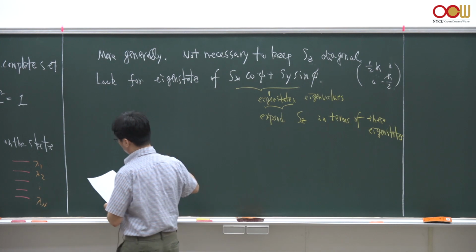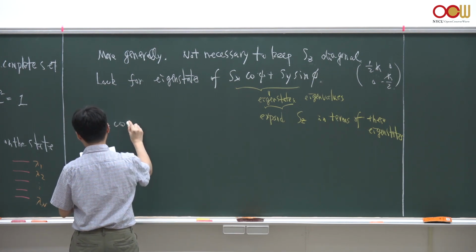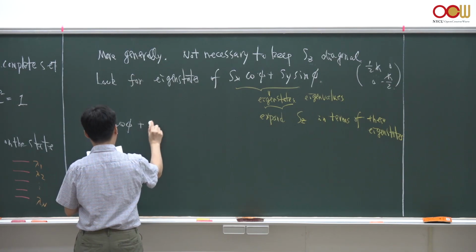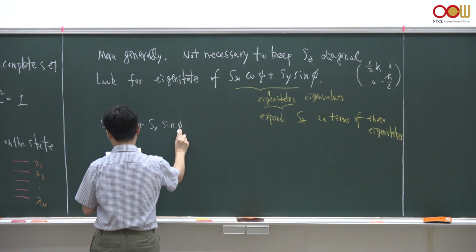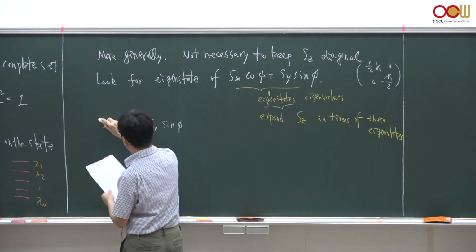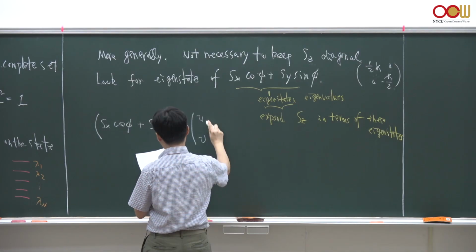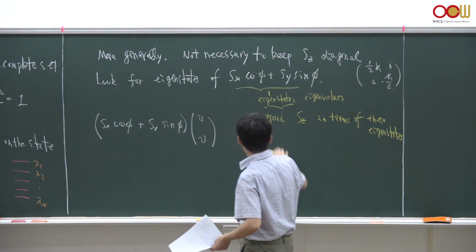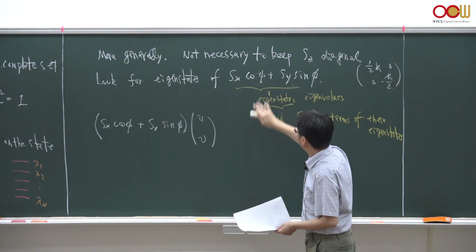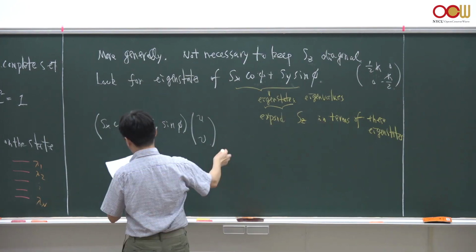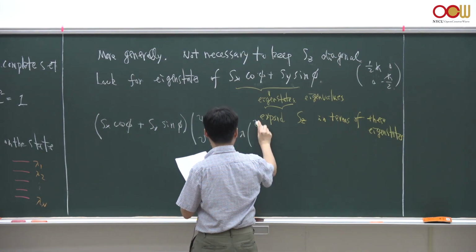So let's try to diagonalize, or generalize, this 2x2 operator for a spin angular momentum. Suppose you know the 2x2 matrix representation of Sx and Sy, and you simply multiply those operators by cosine and sine phi to solve the eigenvalue equation.